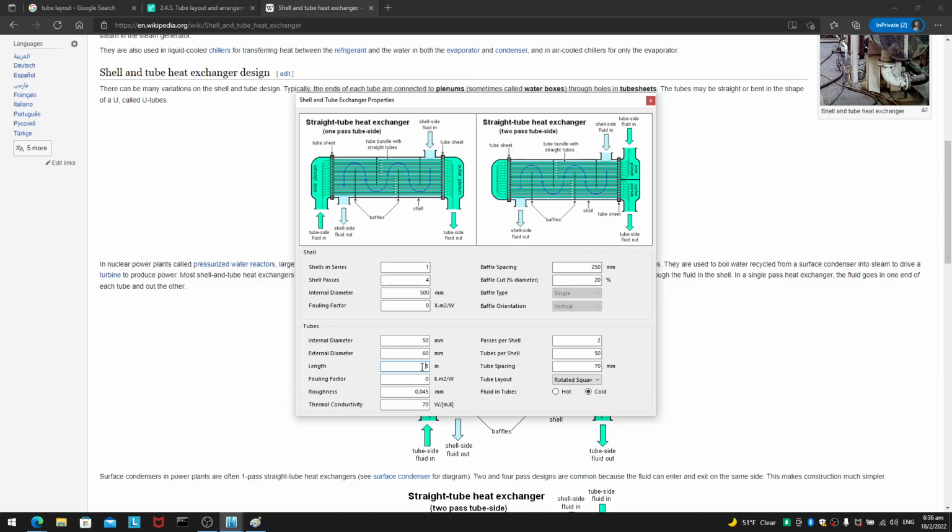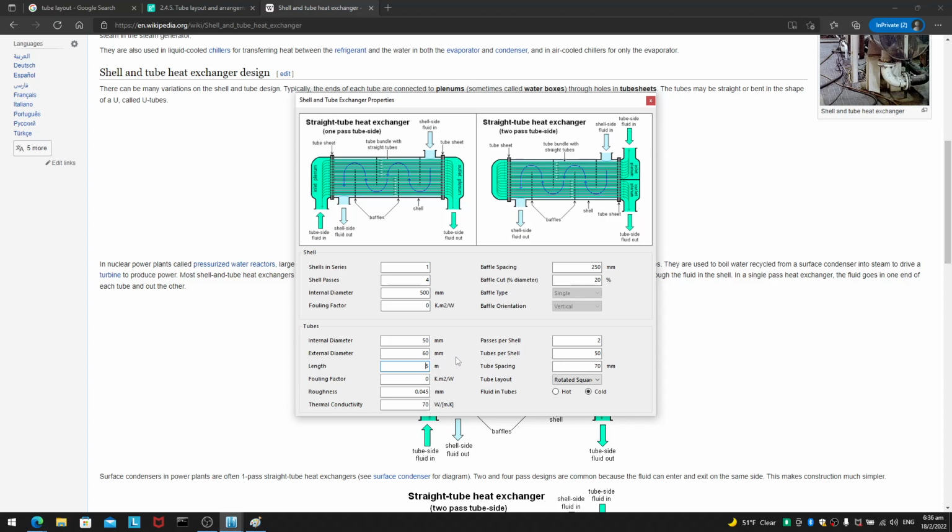And the length: you are able to define the length of the tube overall. Whereas for the shell side, you don't define the length, but you define the baffle spacing and all of this stuff. For the tube side, you do define a pipe length.